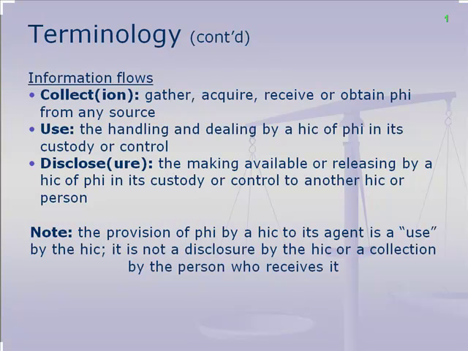And the note here is really important because when a HIC provides access to PHI to its agent, okay, that's considered to be a use by the agent, a use in that framework, and it's not a disclosure by the HIC or a collection by the agent.